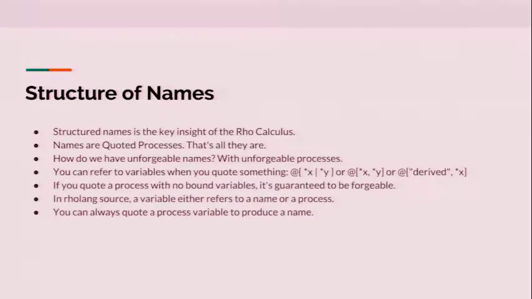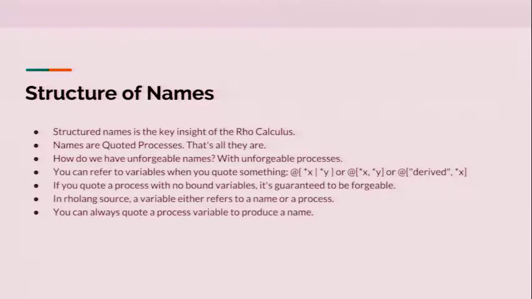So in the rho calculus, names are quoted processes. In Greg's rho calculus paper, he also uses names for variables, and so there's a substitution of names for names. In Rholang, we just use variables for variables. So if you've read the rho calculus paper and you look at Rholang, you might get confused momentarily until you realize that that's what we're doing.